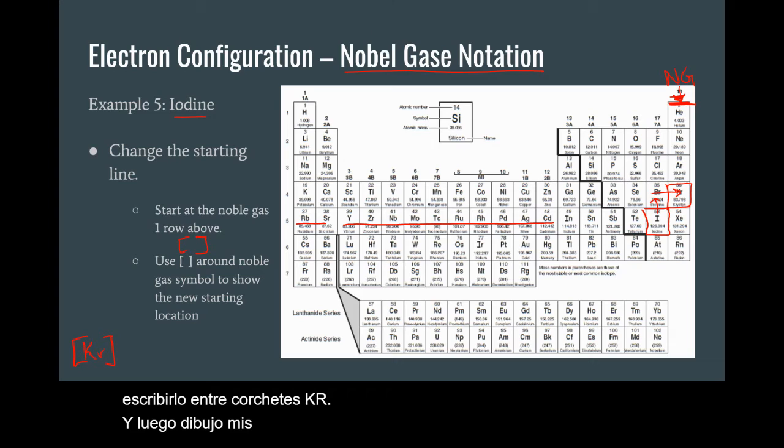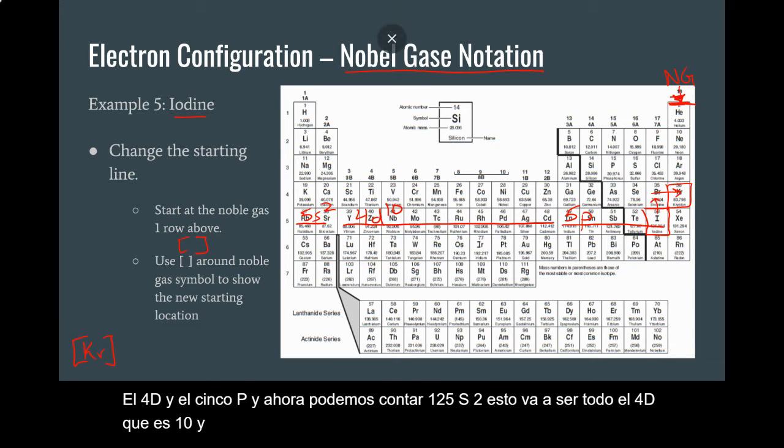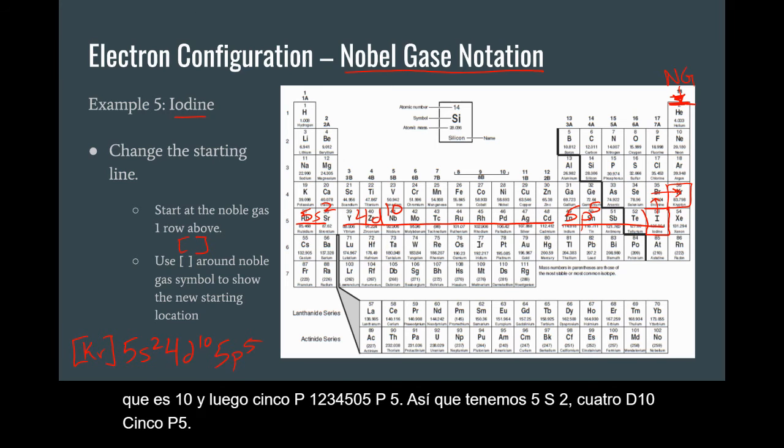So we have the 5s, the 4d, and the 5p. And now we can count 1, 2, 5s2. This is going to be the whole 4d, which is 10, and then 5p, 1, 2, 3, 4, 5. So 5p5. So we have 5s2, 4d10, 5p5. That's noble gas notation, and it's so much easier.